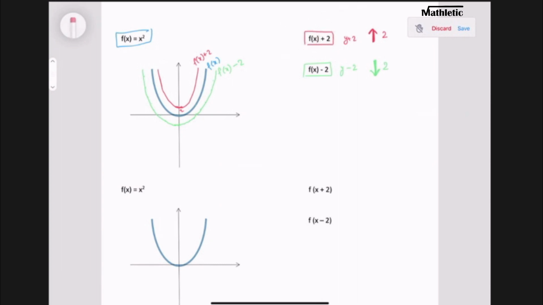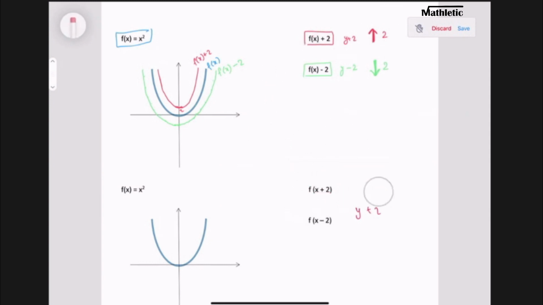But look at where this 2 is. Now we are working with f of x plus 2, where the 2 is inside the bracket. So instead of f of x, we need to sketch f of x plus 2. It means you are directly changing the x coordinates, not the y coordinates. For y coordinates, it would have been f of x with a plus 2 beside it. But if the plus 2 is inside the bracket, you are changing the x coordinates.